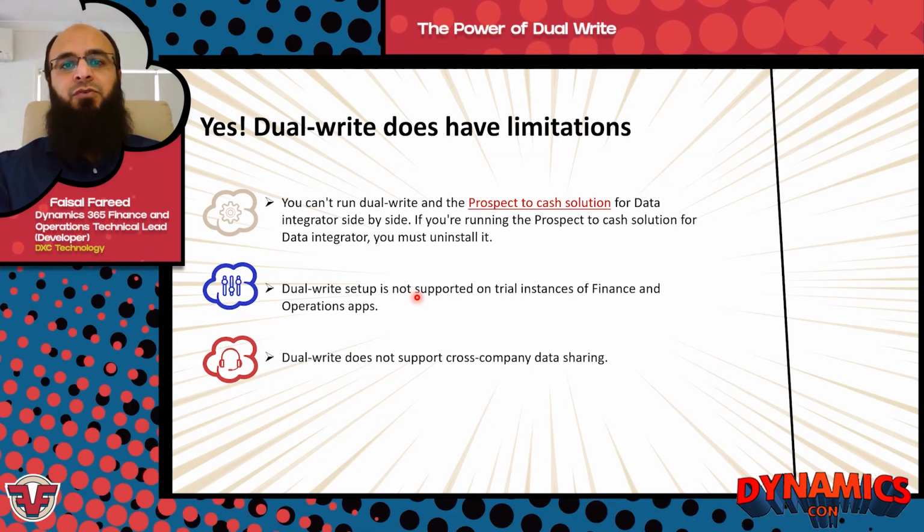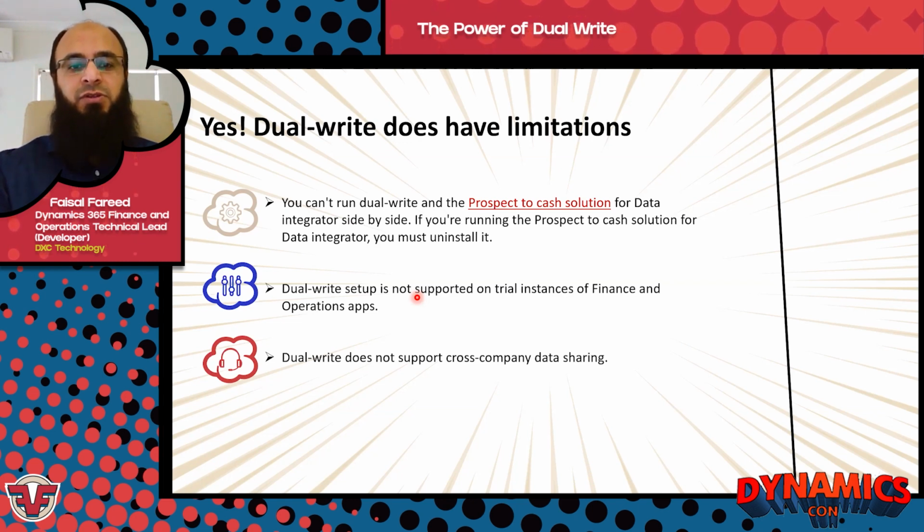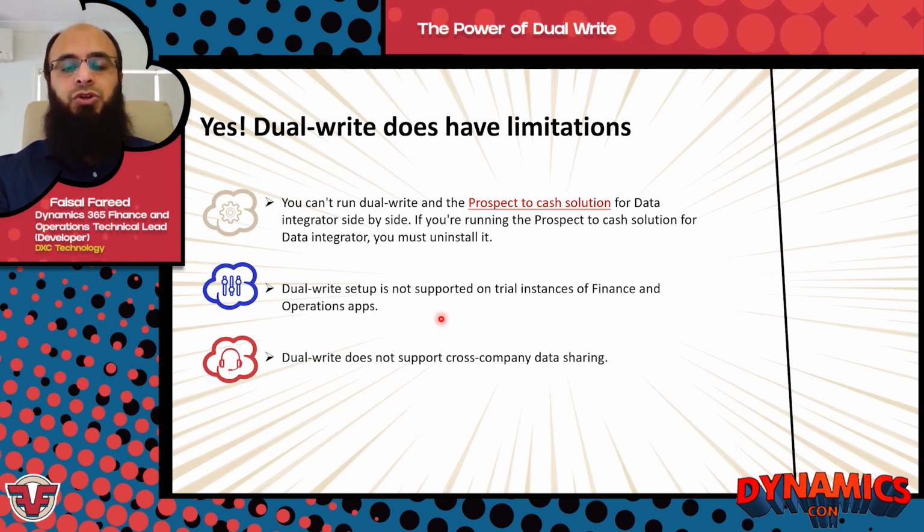For those who are not finance and operations people, cross-company data sharing means you share all your accounts, say vendors or customers, between different companies in finance and operations, so that they share data across different legal entities. This is not yet supported by dual write.